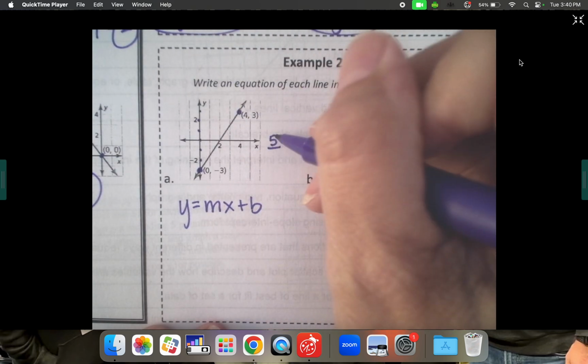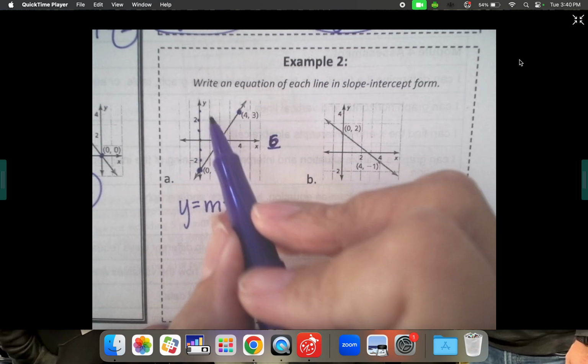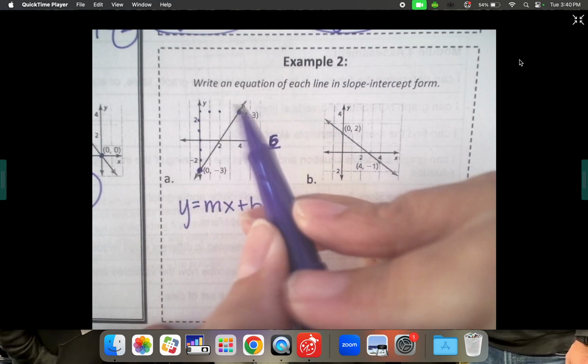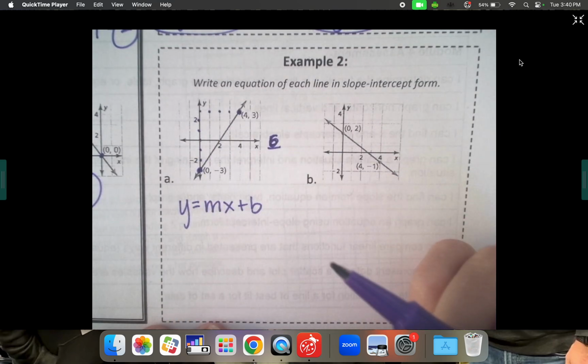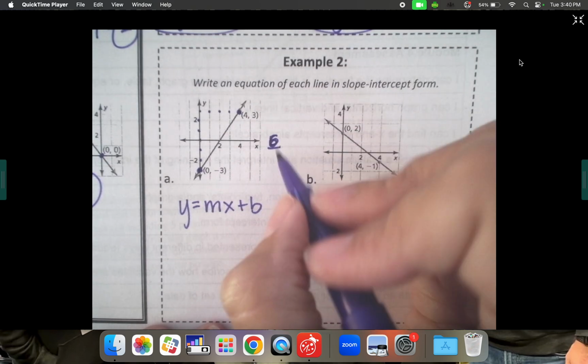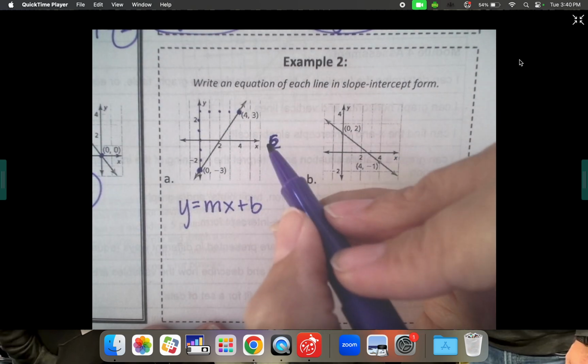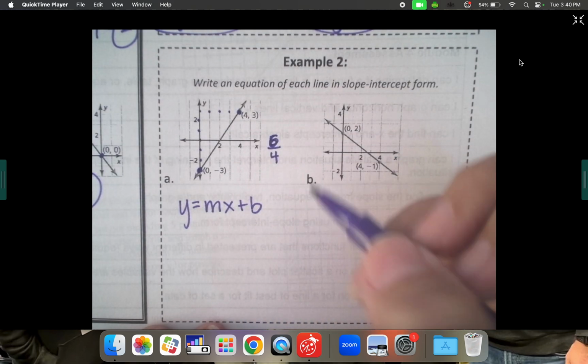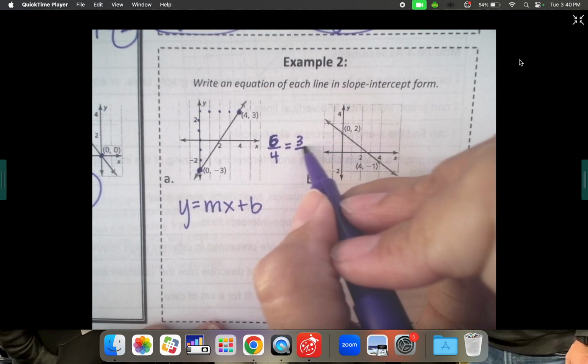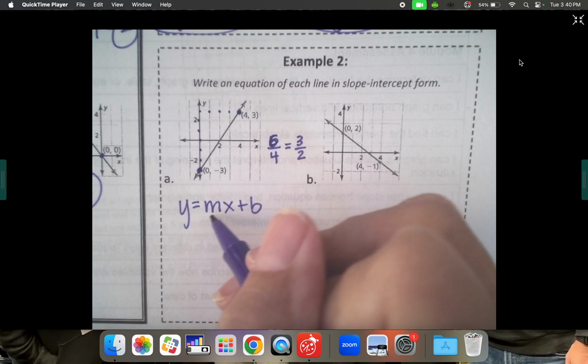Looks like 6. And then we run 1, 2, 3, 4. So 6 over 4. They both divide evenly by 2, so that would simplify to 3/2. So my slope is 3/2.